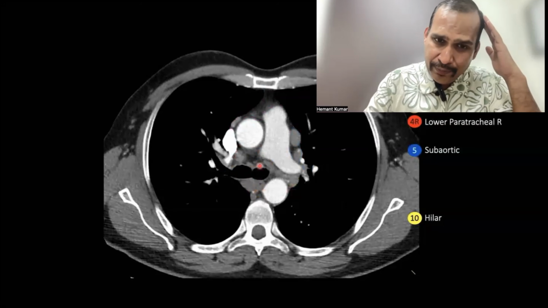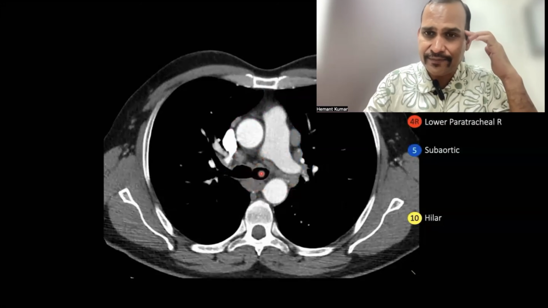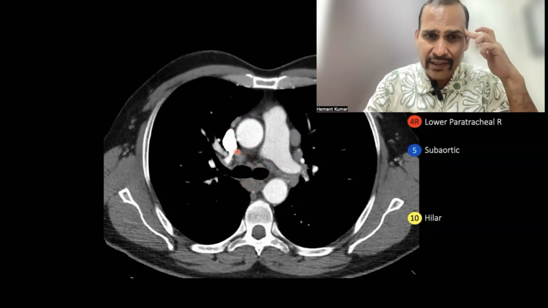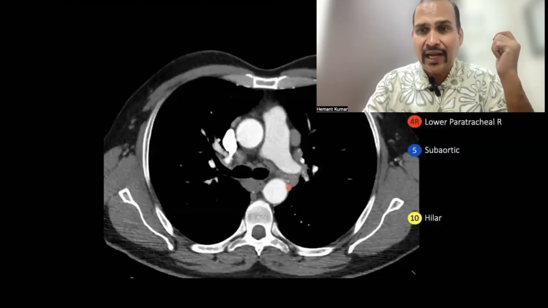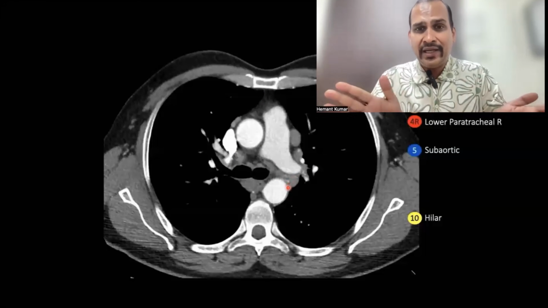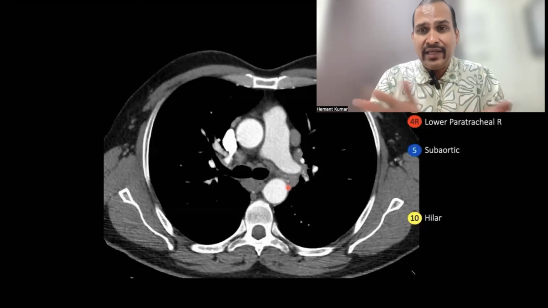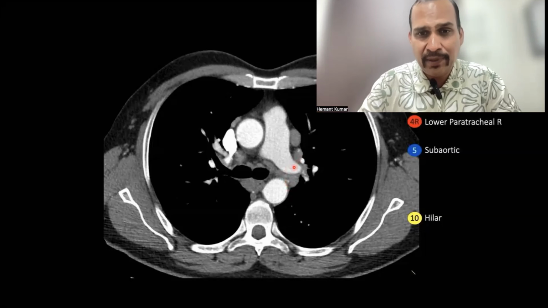Now again the bifurcation of the trachea is coming. It's not fully bifurcated yet. So again this is 4R, here it is 4L, but here it is station 10, the hilum. The hilum is where the pulmonary artery is getting into the lungs. So here the pulmonary artery is getting in. This is 10.